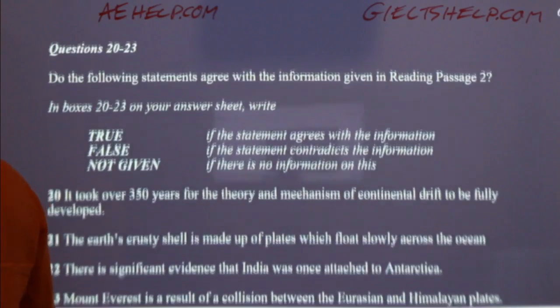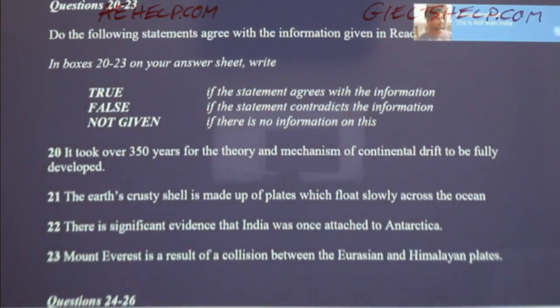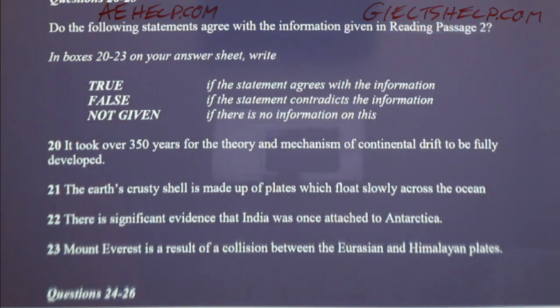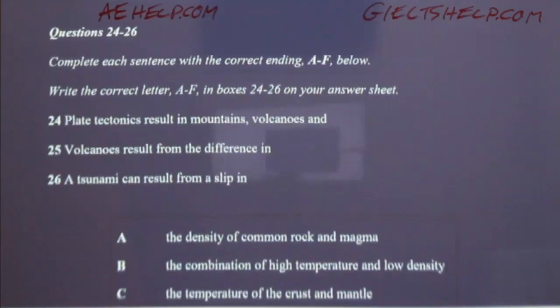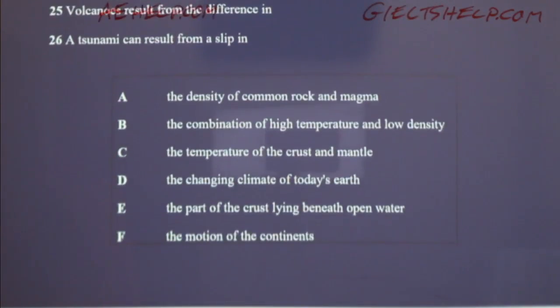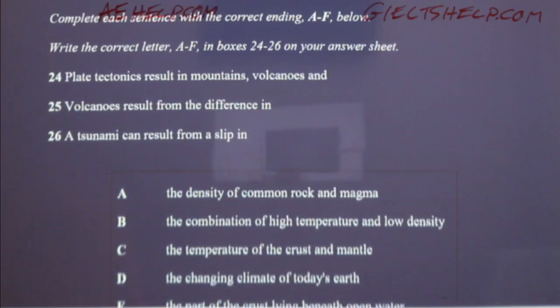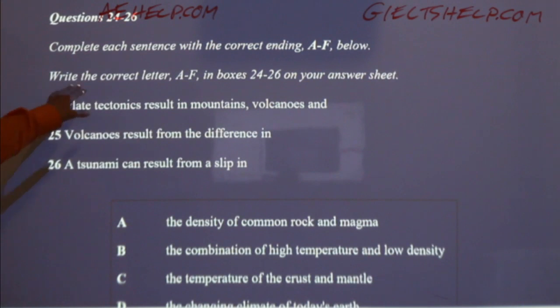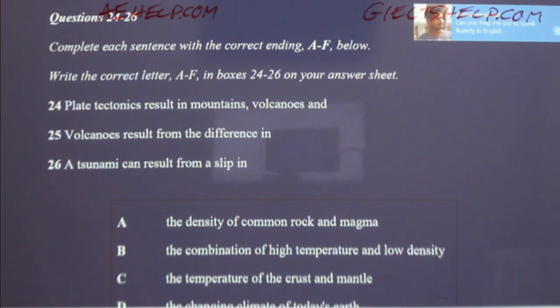And then let's check out the other questions. Oh, hey, there's favorite number 2. True, false, not given. So we'll do that as well today. And then we have some sentence completion, so matching the correct endings.